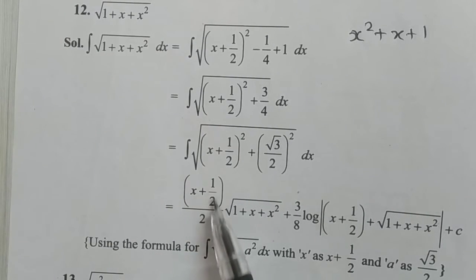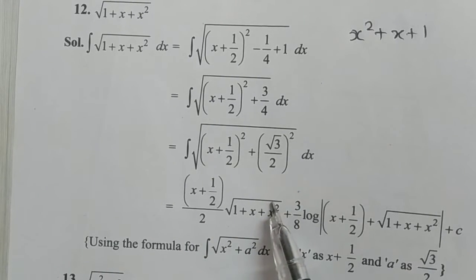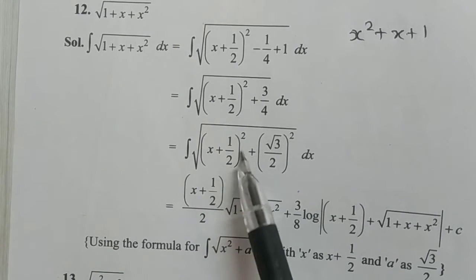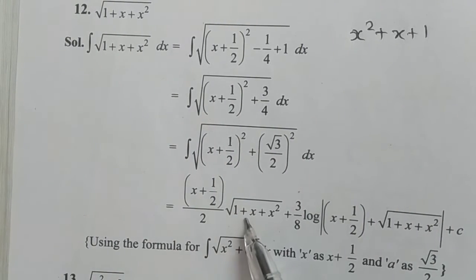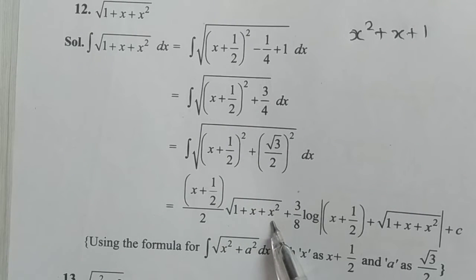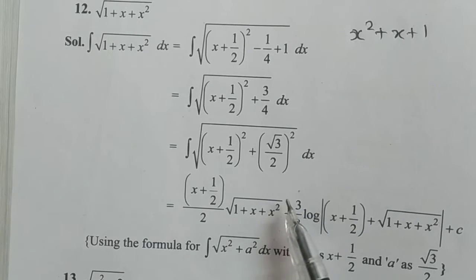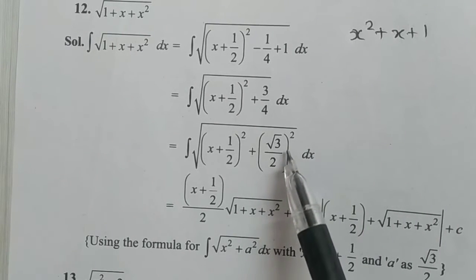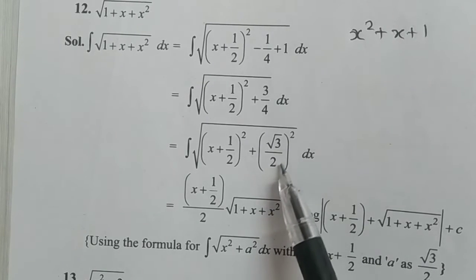So x plus 1 by 2 divided by 2, square root of x square plus a square. We are simplifying this value only. So you can directly write the values: x plus 1 by 2 the whole square plus root 3 by 2 the whole square, plus a square by 2.